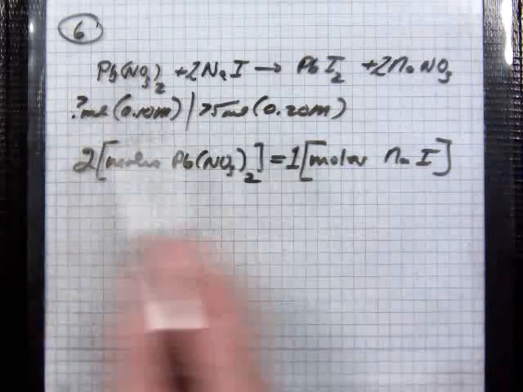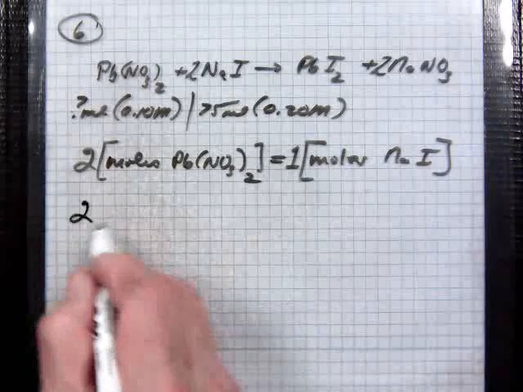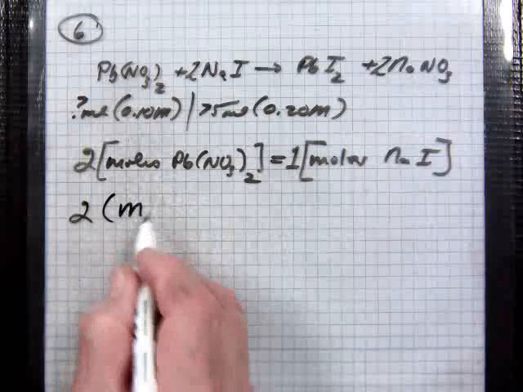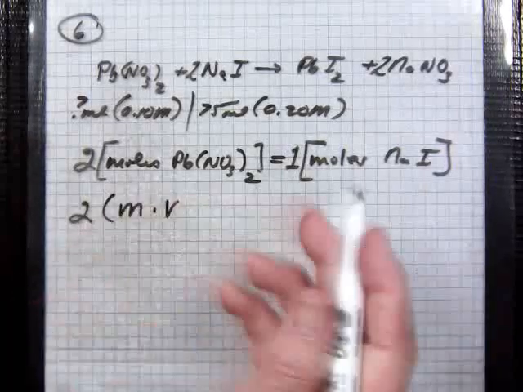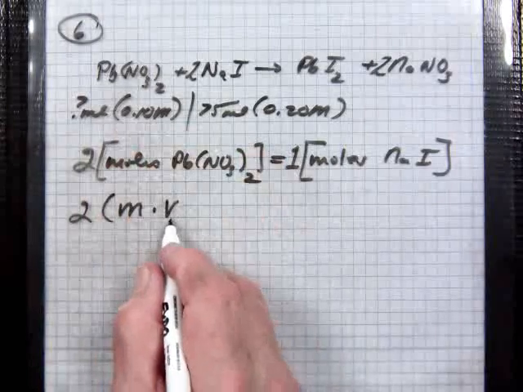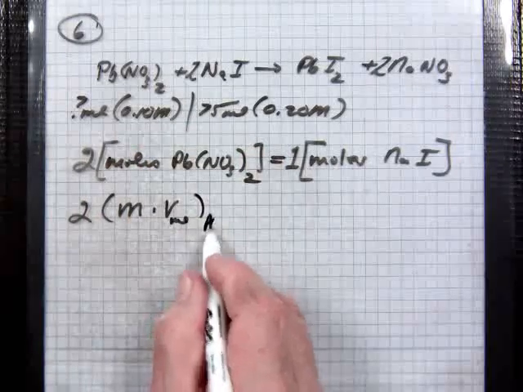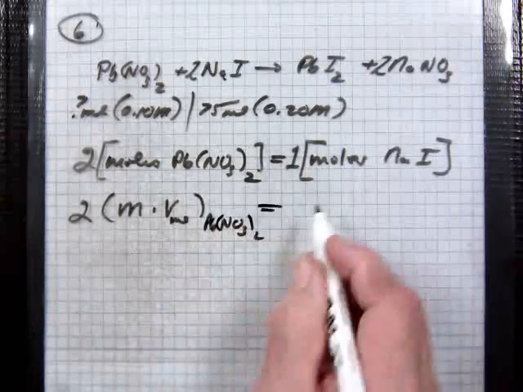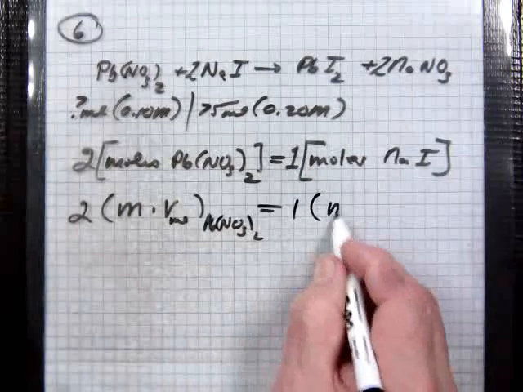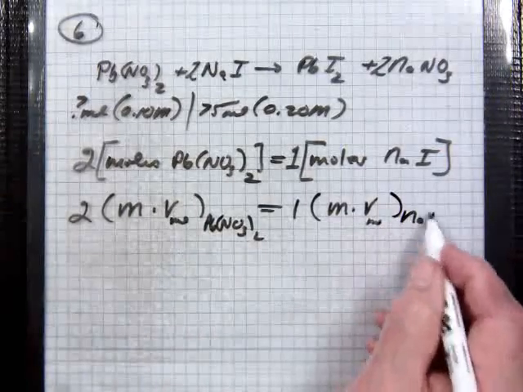Well, we have molarity times volume is moles, so we can go 2 times molarity times volume expressed. We'll leave it in milliliters this time because both sides will be the same. Volume in milliliters of the lead nitrate is equal to 1 times molarity times volume in milliliters of the sodium iodide solution, like that.